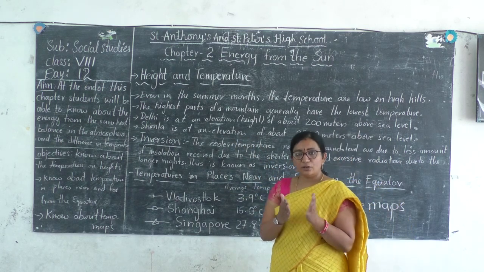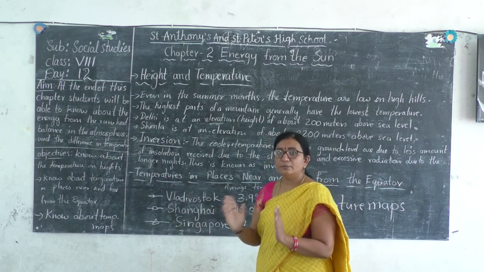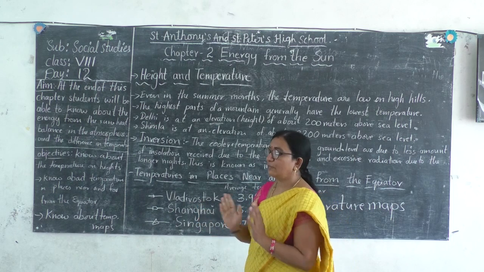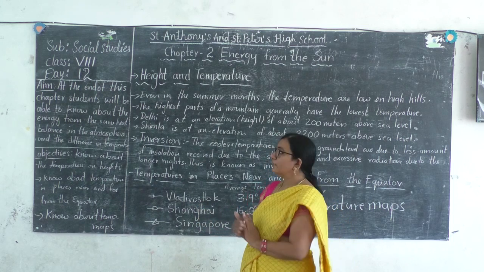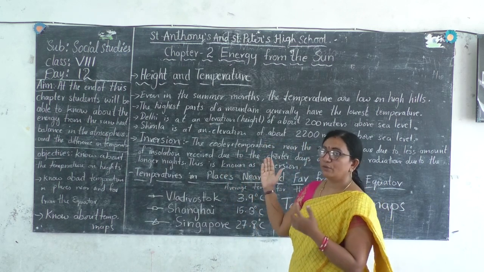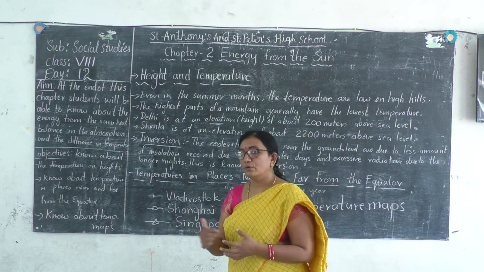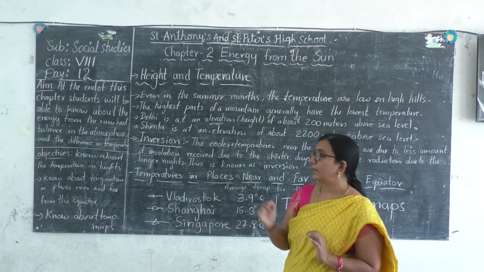The temperature of a particular place like Hyderabad is different in different months, and we have also compared it with other places of the coastal region, and also compared the height of Shimla with that of Delhi, and how the temperature varies from one place to another.